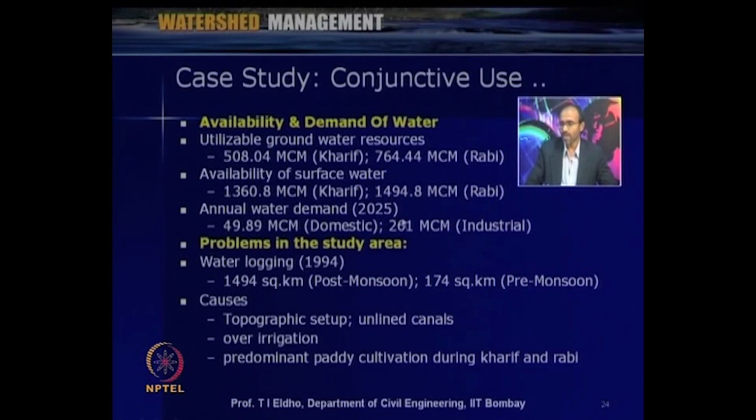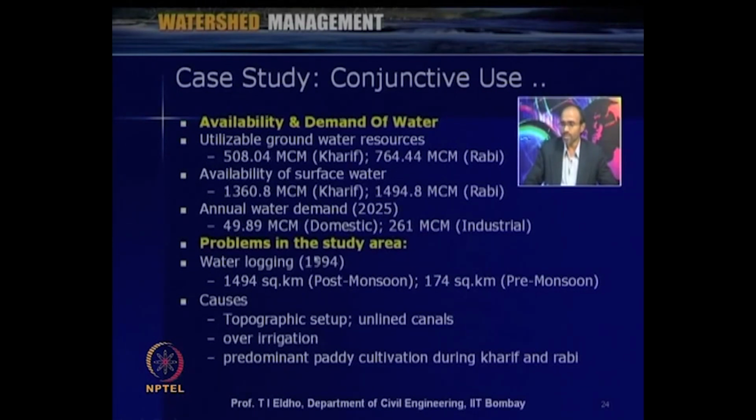Annual water demand is projected for 2025, along with other demands: 50 million cubic meters for domestic and 261 million cubic meters for industrial use. By 2025 the demand increases.